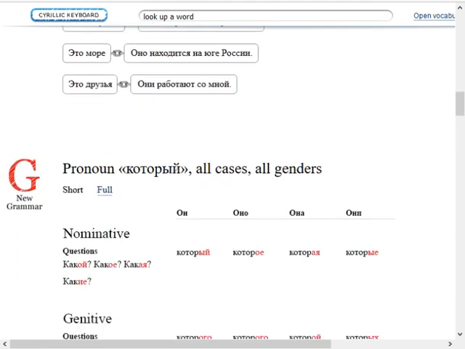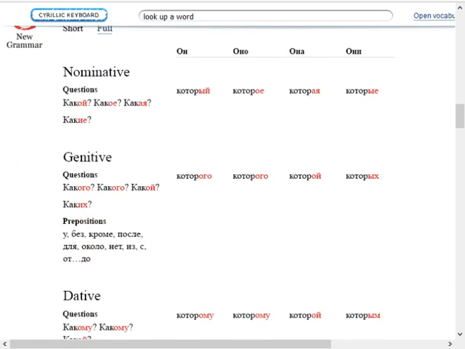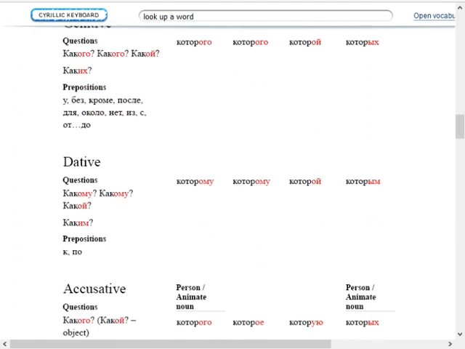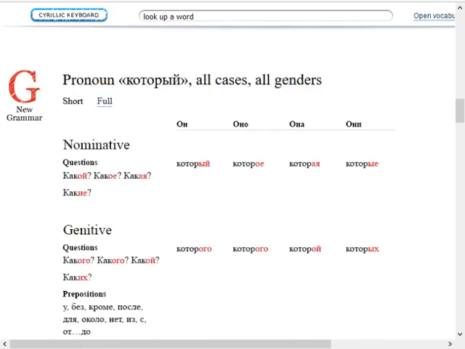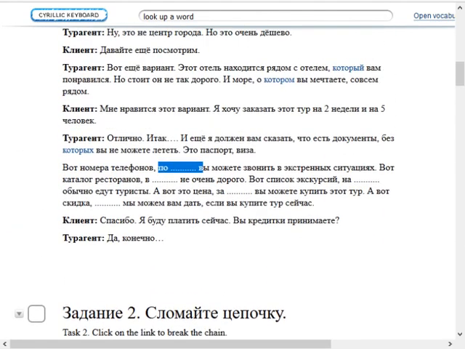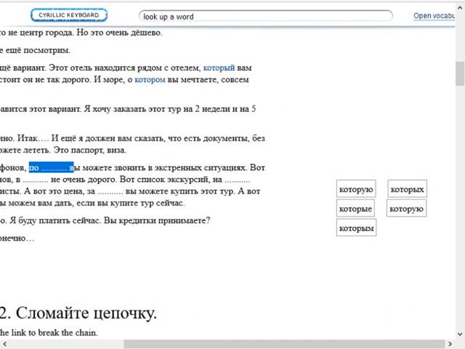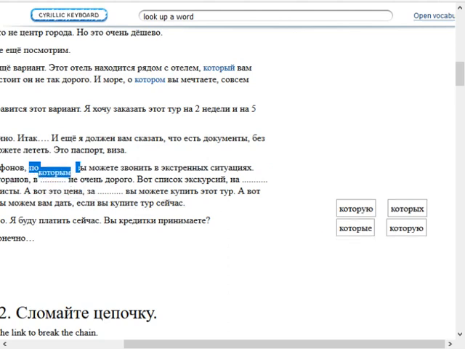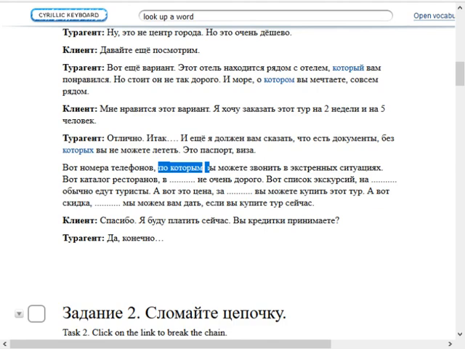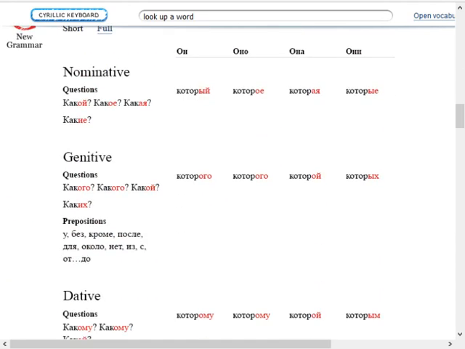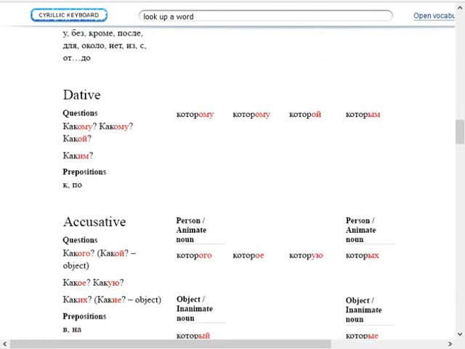What case is по? That is dative, right? Okay, so this is по которым. And let's see, does that make sense here?